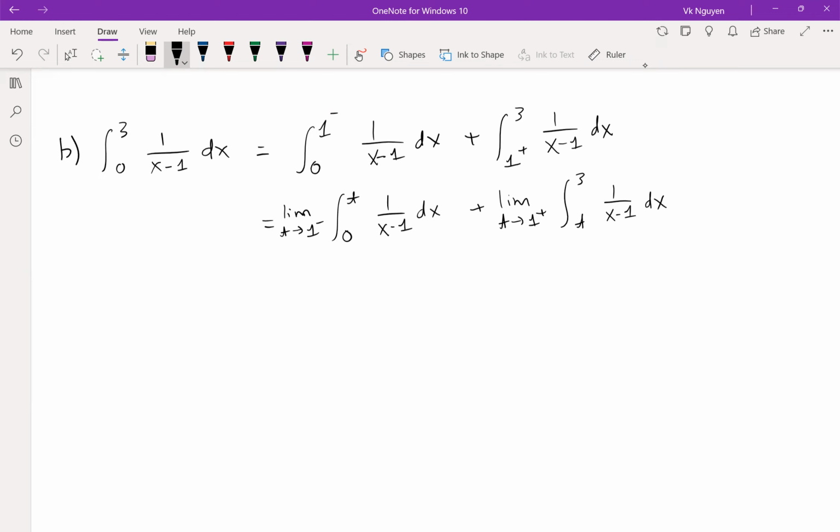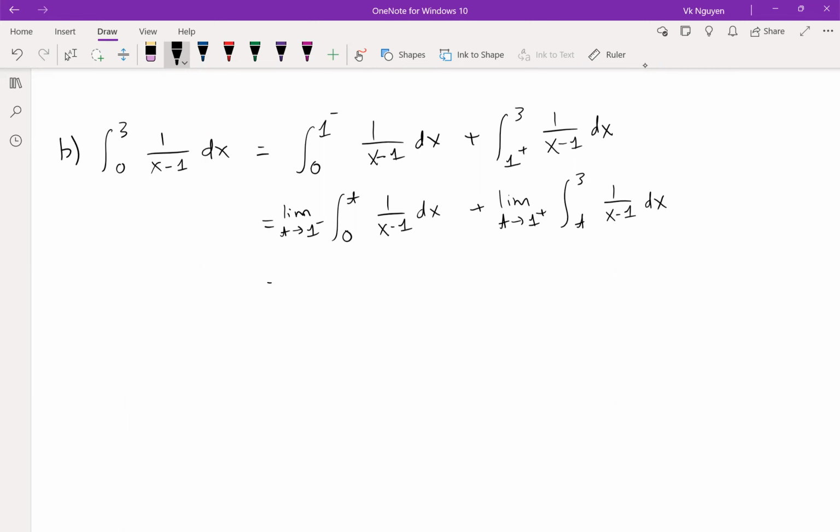And the cool thing about improper integrals is that we don't have to evaluate both integrals. We can just evaluate one of them, and as long as one of them diverges to either infinity or negative infinity, then the entire integral diverges.